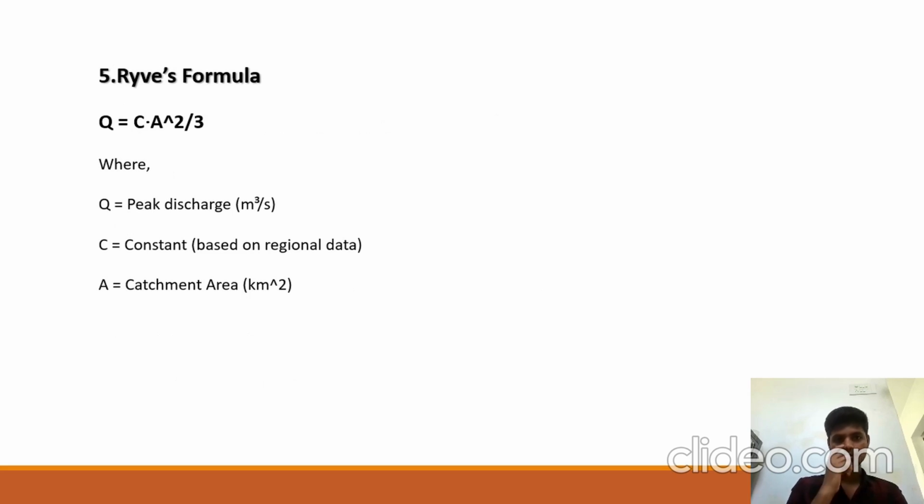Next formula is Reeves formula. Reeves formula is mostly used in the Chennai region, like Madras, etc. The formula is Q is equal to C into A raised to the power 2 by 3, where Q is the discharge in meter cube per second, C is a constant which is based on the region of the land, and A is the catchment area in kilometer square.